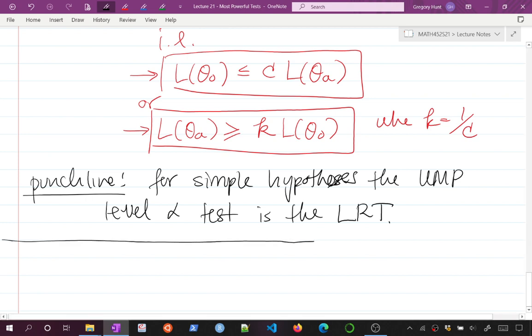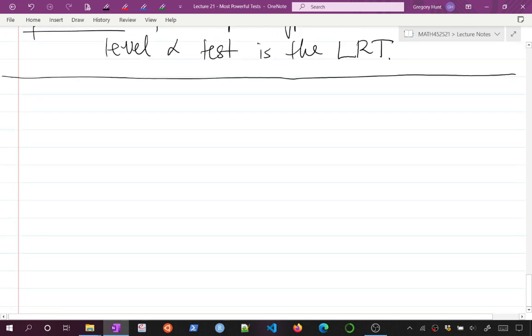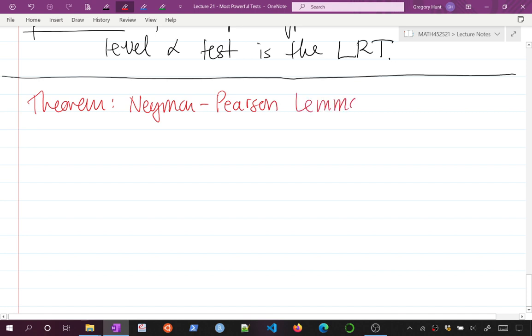This is codified in a theorem called the Neyman-Pearson theorem. It's typically called, I guess, the Neyman-Pearson lemma. Why it's called lemma as opposed to theorem, I don't know.